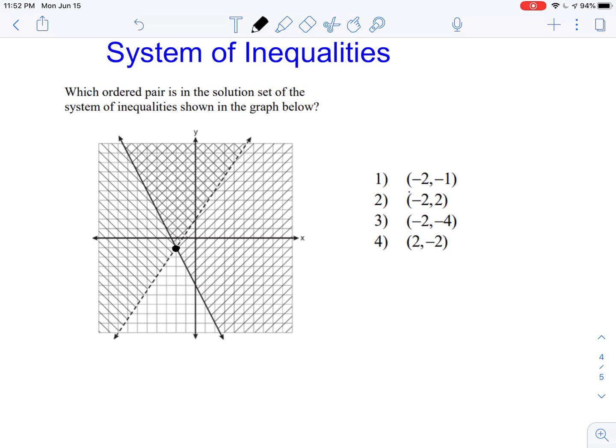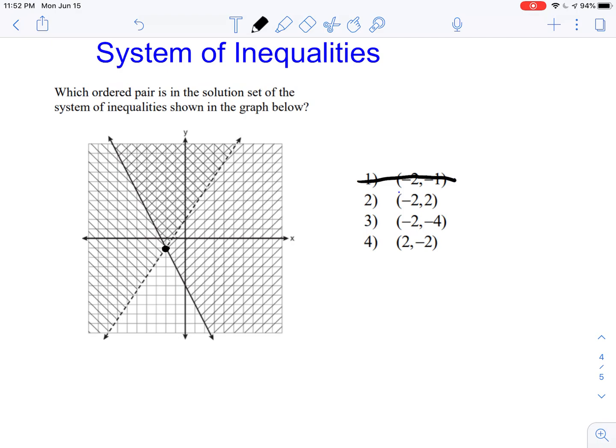Now the question is, does that make it a solution? And in this case, it does not. Now, why doesn't it? Well, if a point falls on a dashed line like it does here, it would not be considered a solution to that particular inequality. So although it is a solution to the solid line, it is not a solution to the dashed line.